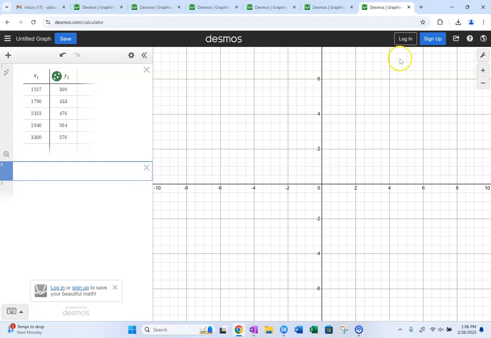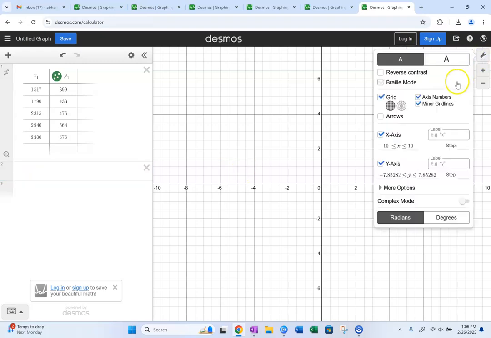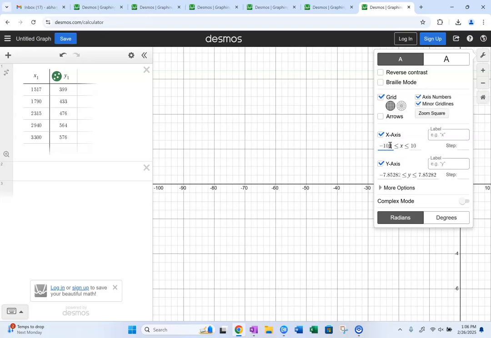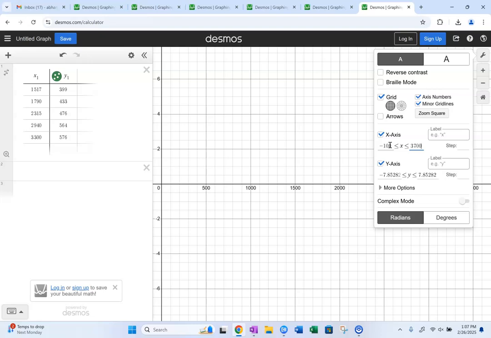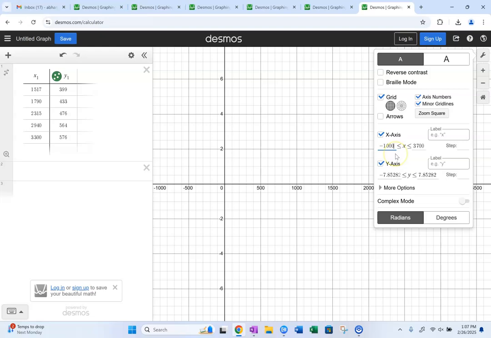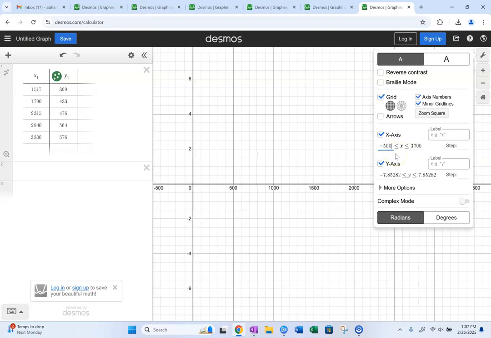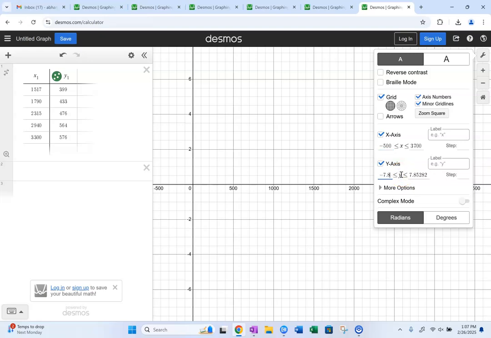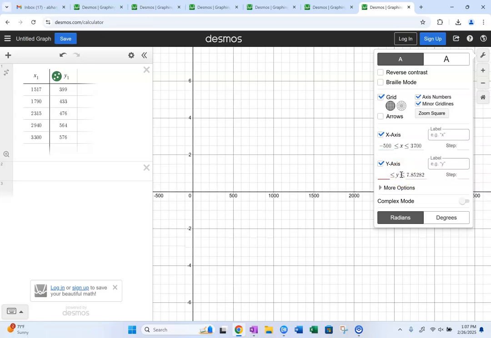And now I don't see the data, but let me go ahead and adjust my axis. Let's go from -100. It looks like my x's go up to that 3,300. Let's go up to like 3,700 or so. Maybe I'll go -500. Let's see how that looks. Yeah, that's not bad. And then now let's do our y's. The y's have a high of 576, it looks like.